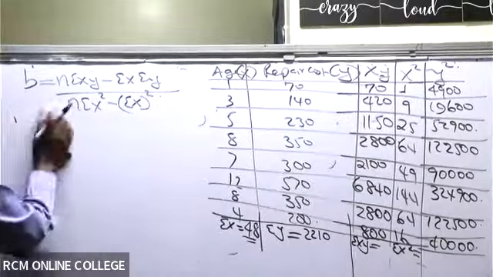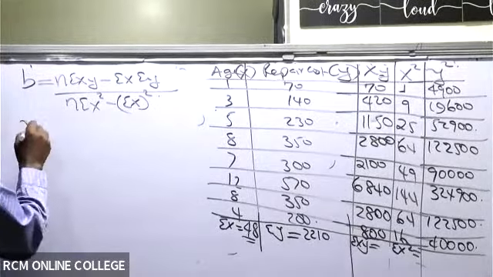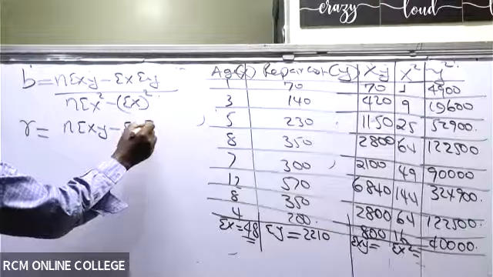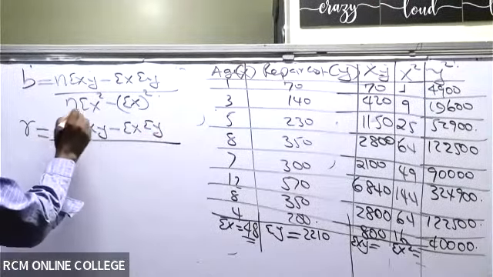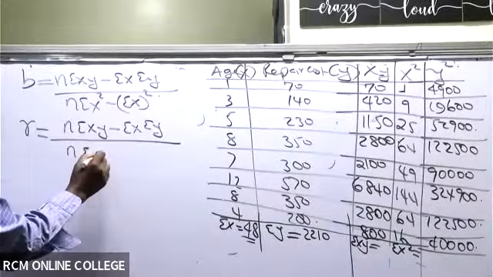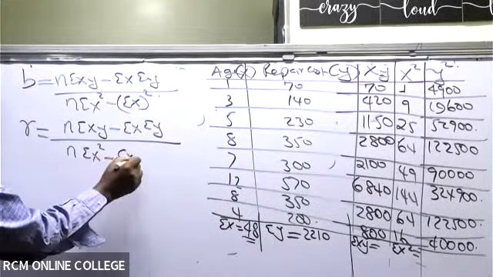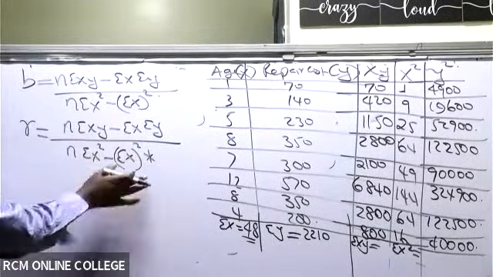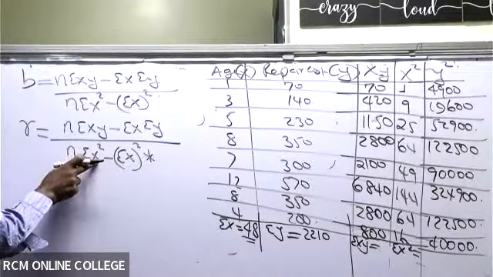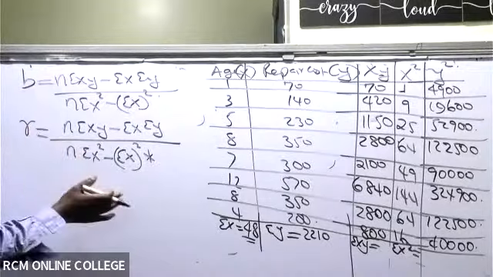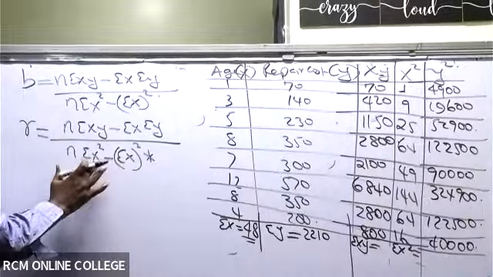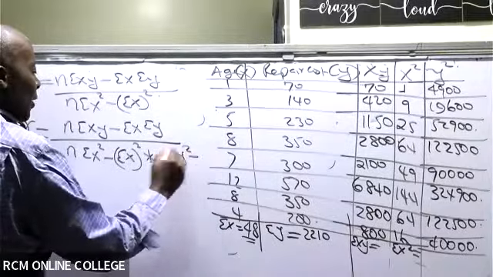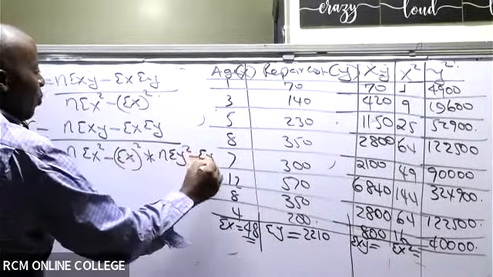To be able to get our R, this is normally what we do. The numerators will be the same. N summations of xy minus summation of x, summation of y, all over this: n summations of x squared minus summation of x squared, times the same style, but now we replace with the y, because you are correlating two. So it becomes n summations of y squared minus sum of y, squared.